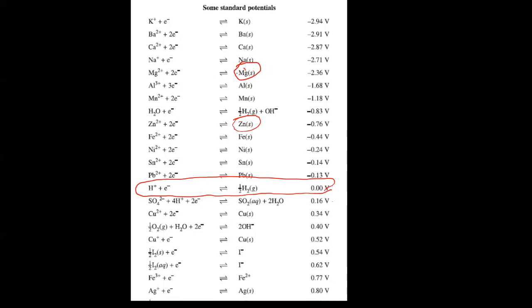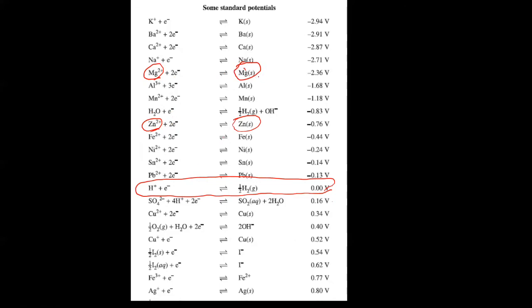Because Mg is on top, it can lose electron to Zn. But if Zn2+ and Mg2+ both want to gain electron, Zn2+ gains electron. So something on top is better for losing electron, and something at the bottom is better for gaining electron.